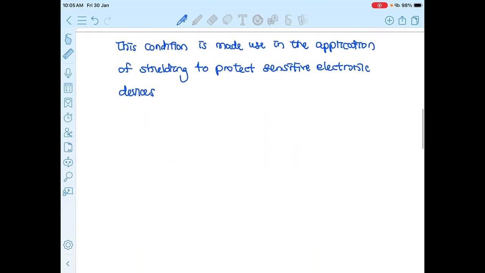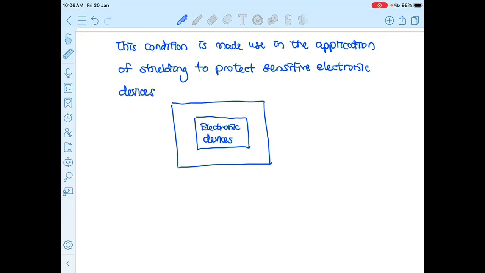You can draw a diagram. This is the electronic devices, and then you draw the shielding box with thickness.